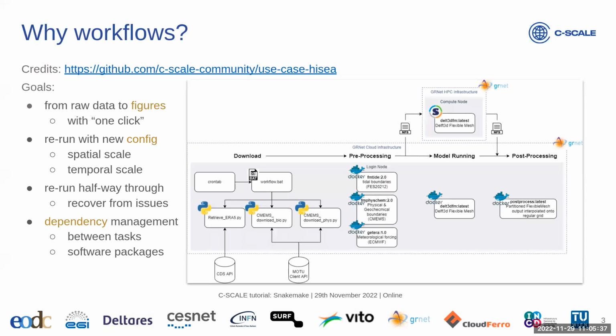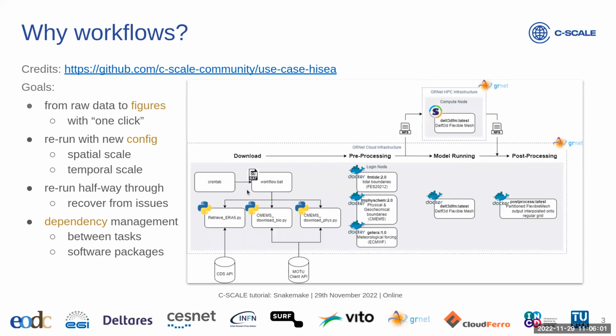So why workflows? I'm taking this picture from the high-C use case in CScale just to start the discussion. So here you see the workflow consists of 4 main steps. Download the data, do some pre-processing, run a model, and then do some post-processing.